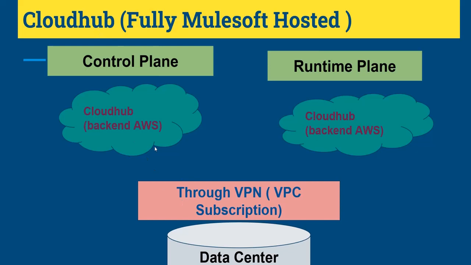And if this Cloudhub wants to communicate with any other backend data center or any other data available outside the Cloudhub, it will communicate through VPN, which is called VPN connectivity, VPC, virtual private cloud, which is available in Cloudhub, but it is an additional cost. We have to take a VPC subscription. I mean, your organization should have a VPC subscription if they want to communicate with any external data center.